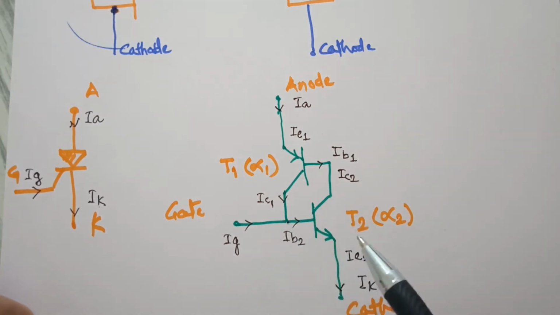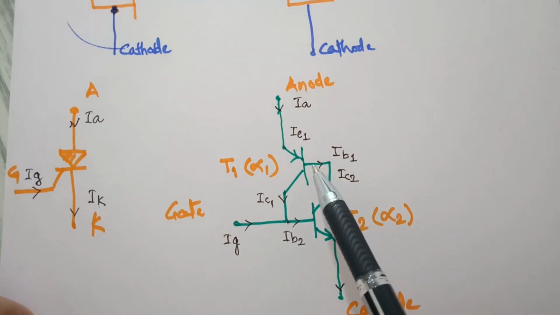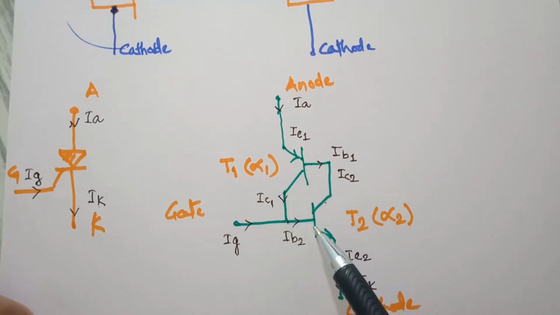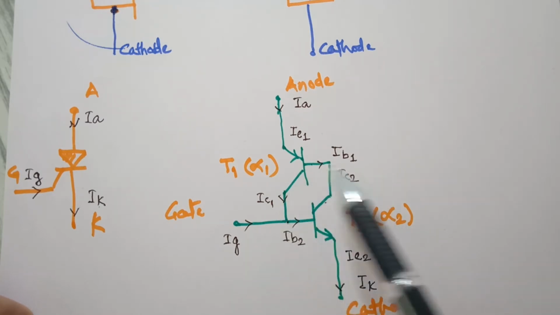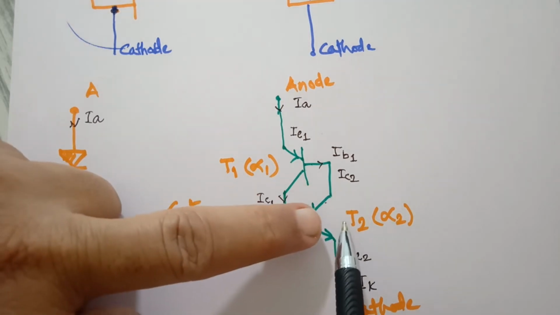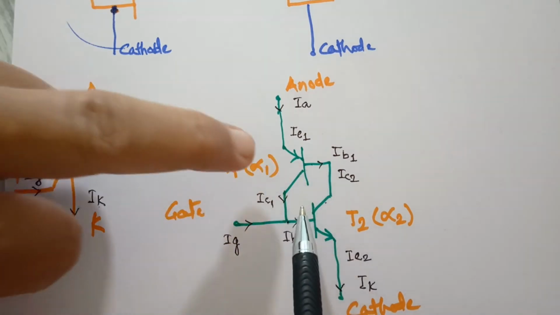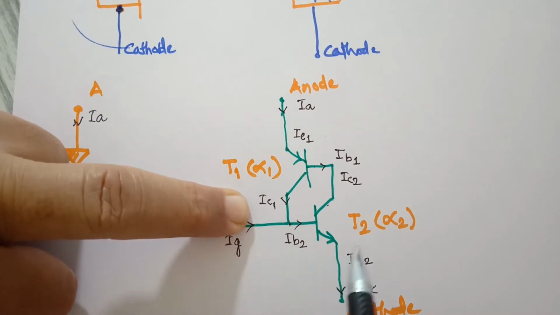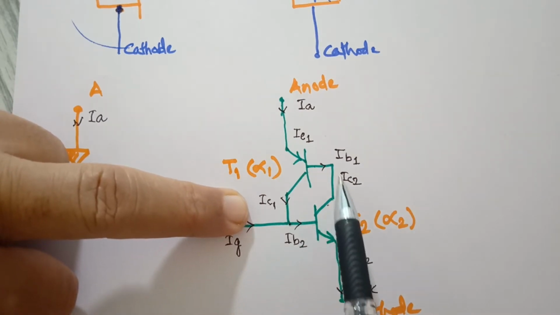See that the collector of the second transistor is connected to the base of the first transistor, and the collector of the first transistor is connected to the base of the second transistor. So there is a sort of feedback. In short, this action can be described as follows: when a small gate current is injected, that increases the collector current of this transistor, that increases the base current of the first transistor, that increases the collector current of the first transistor, which is the base current for the second transistor, and so on.